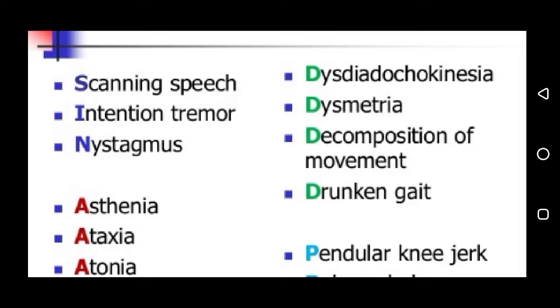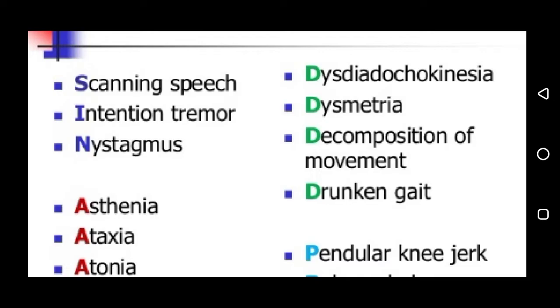So when the patient tries to touch a point on an object, he either undershoots or overshoots the target, and this is also known as past pointing.